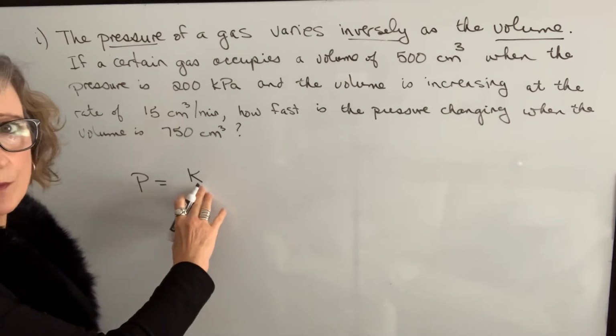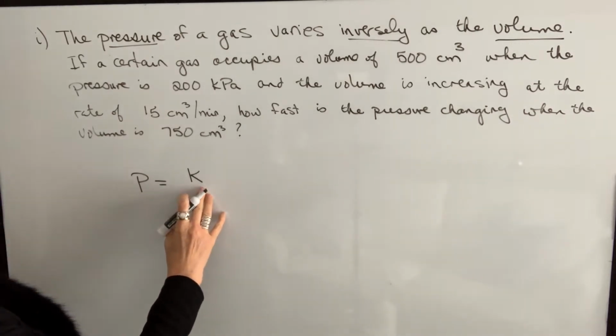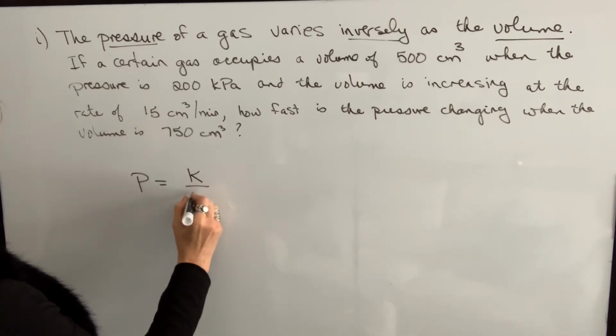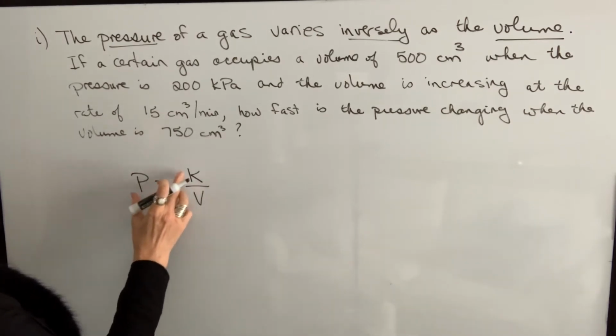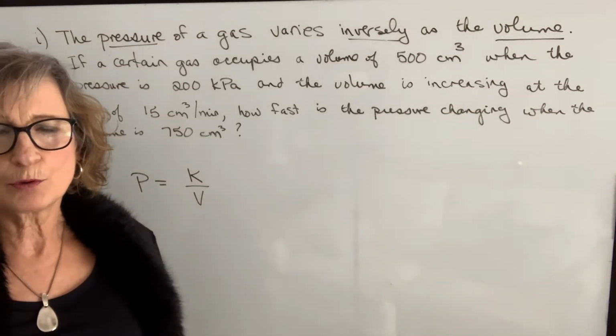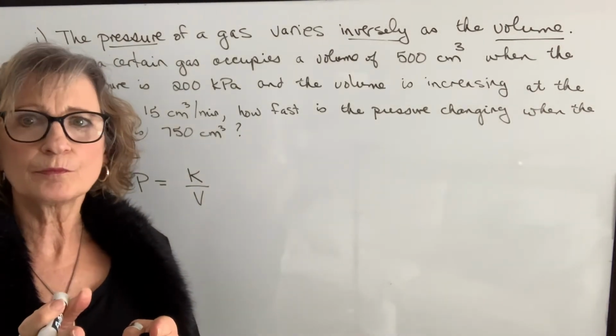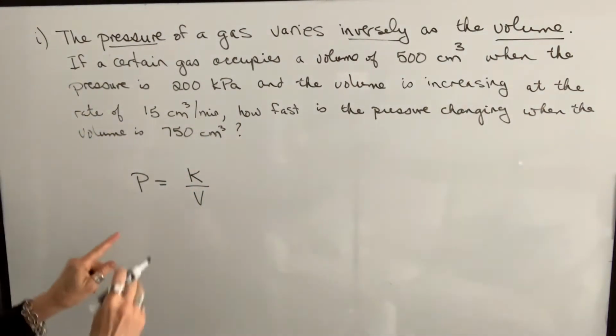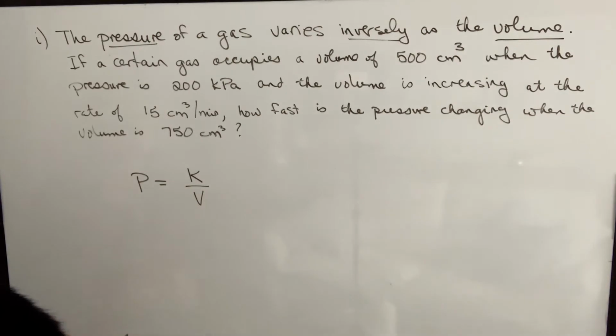Anytime you're working with direct proportion or inverse or a combination of those, you're going to have a constant of proportionality. So pressure will equal a constant divided by volume. In other words, with an inverse proportion, your product of pressure and volume will equal a constant. But I'm going to write it as pressure as a function of volume.